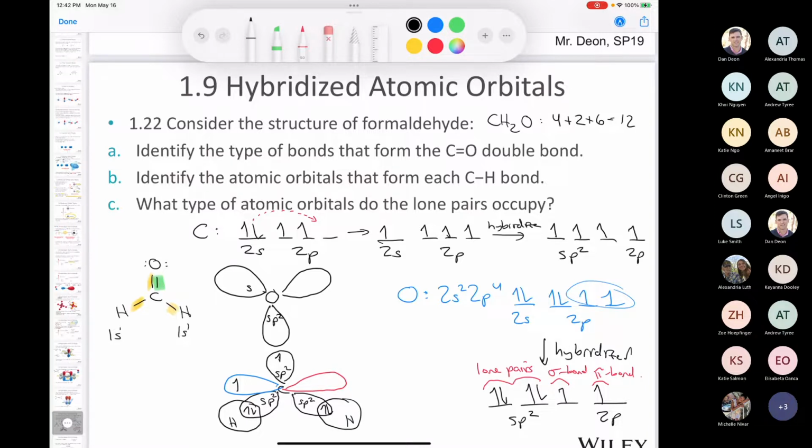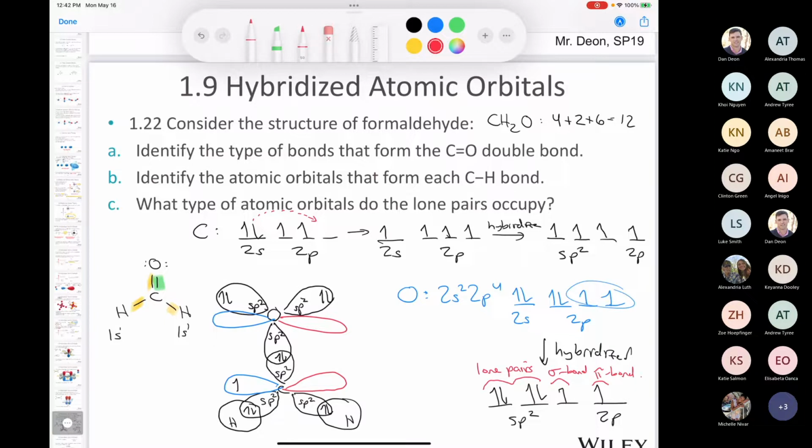So I'll put sp2, sp2, sp2. I'll put a lone pair here, a lone pair here, an unpaired electron here, and then I'll put the 2p orbital here and here. And so what's going to happen is the oxygen is going to come close to the carbon so that the two sp2 orbitals overlap.